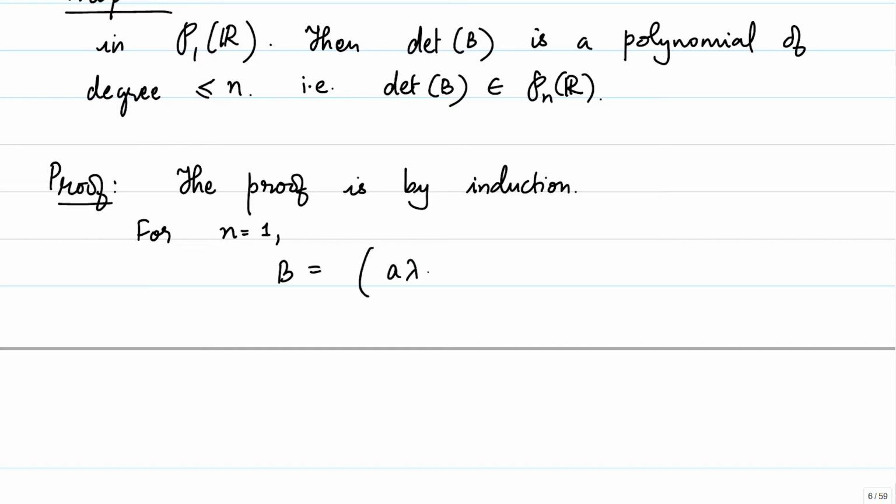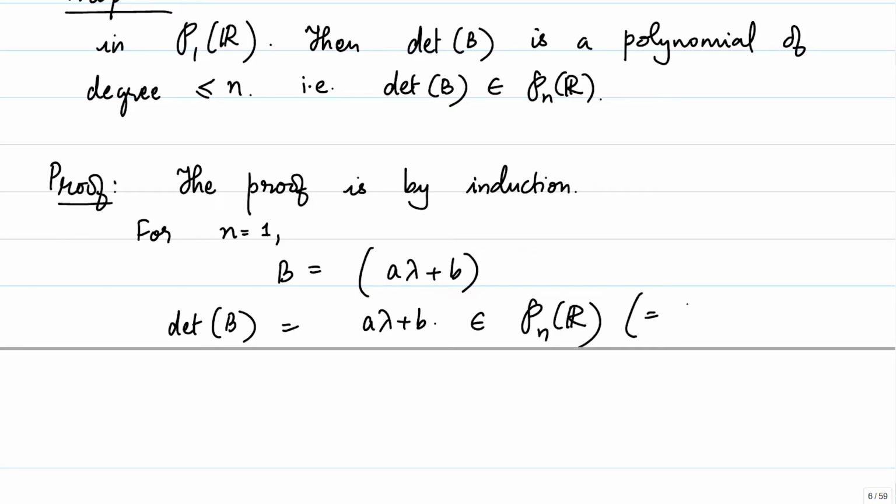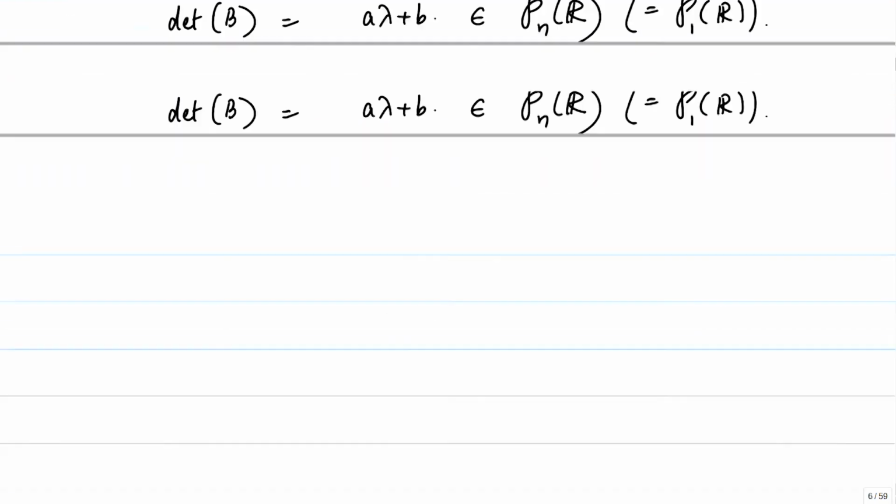So it will look like small a lambda plus small b, right? And what is the determinant of B? The determinant of B is just going to be the exact same entry, which is a lambda plus b, which in particular is in P1 of R. That's what we wanted, because n is equal to 1, so Pn of R is P1 of R. So the n equal to 1 case is easily satisfied.